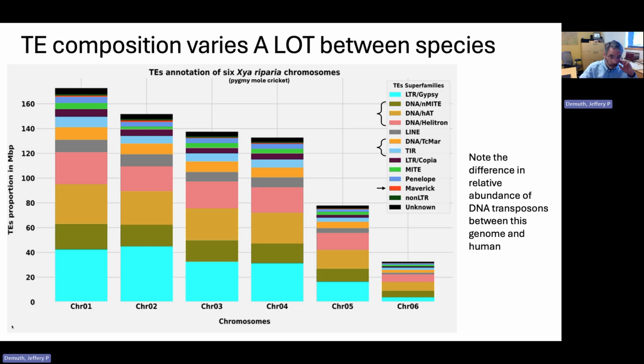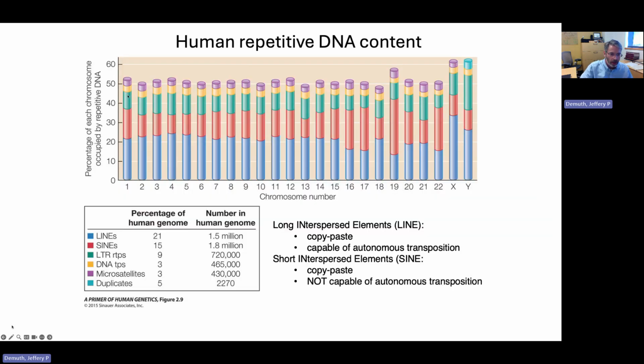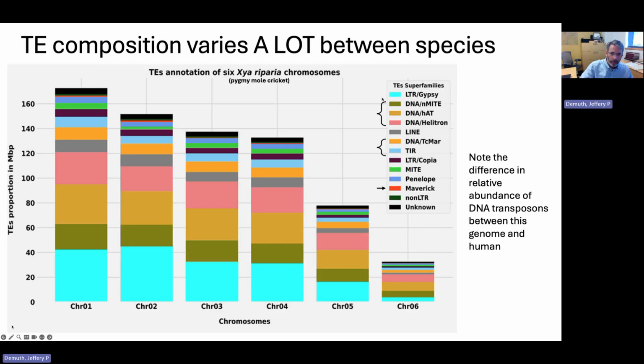I didn't have to pull something that was so far away as a cricket evolutionarily, but it demonstrates the point that, remember, in our genome, just this little yellow sliver is the DNA transposon content, compared to these chromosomes in pygmy mole cricket, where 50% or more of the transposon content is due to DNA elements. So a very different transposable element landscape going on in these crickets. And like I said, that can be highly variable even between closely related things.